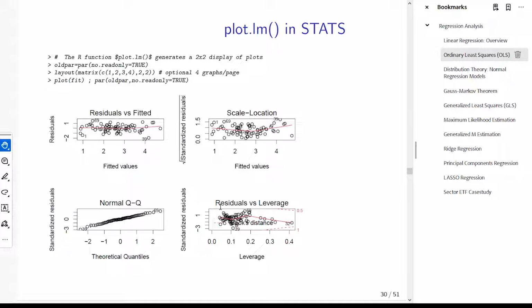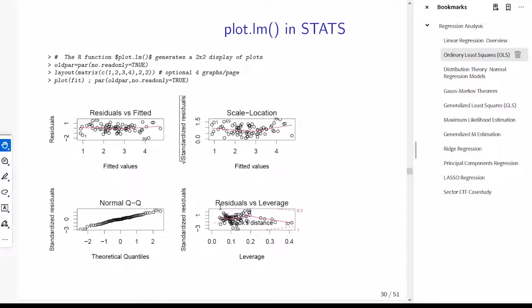Now, there's a whole slew of different diagnostics that we can graph. And I think it's very useful to have graphical methods to highlight what's perhaps important. In looking at this plotting from the car package, or plot.lm, we can see how the residuals compare with the fitted values.